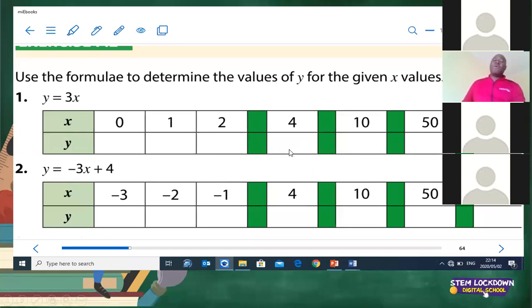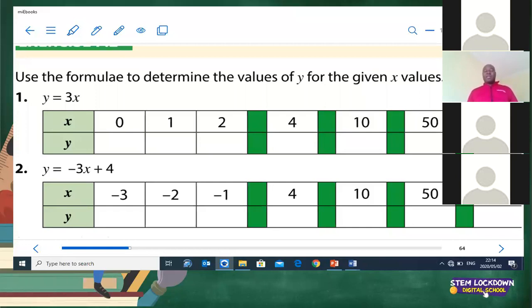So 3 times 4 will give you 12. So in other words, if x is equal to 4, then y will be equal to 12. Now let's go to 10. What will be the value of y?